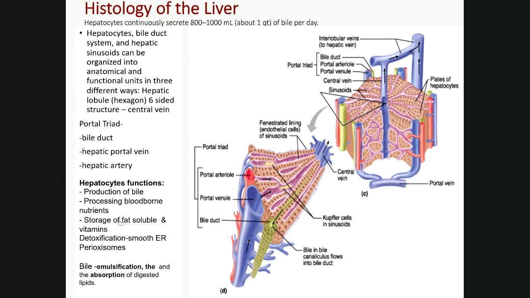It processes blood-borne nutrients, stores fat-soluble vitamins, and also it detoxifies the blood as it's going through these sinusoids. Remember, there's a lot of smooth endoplasmic reticulum and peroxisomes in this region, as well as the macrophages that help in this process.